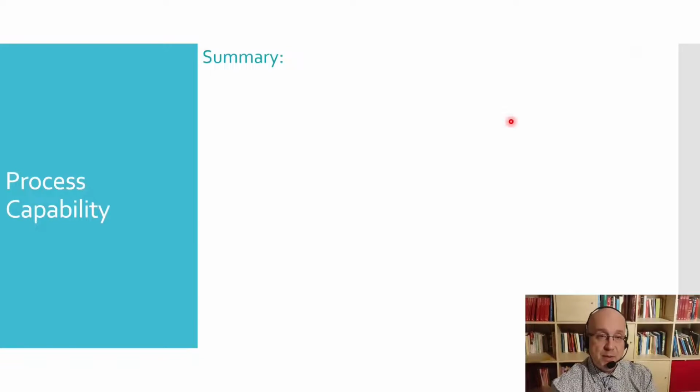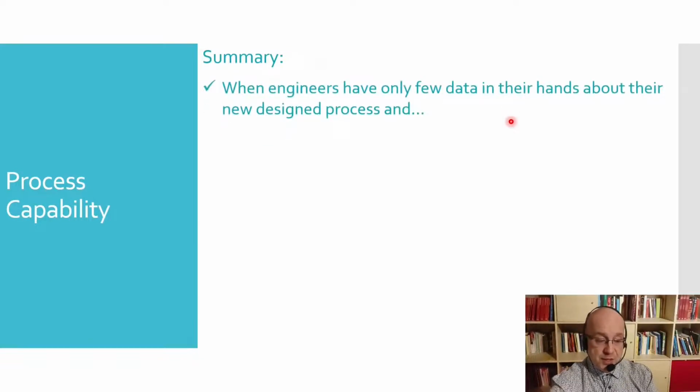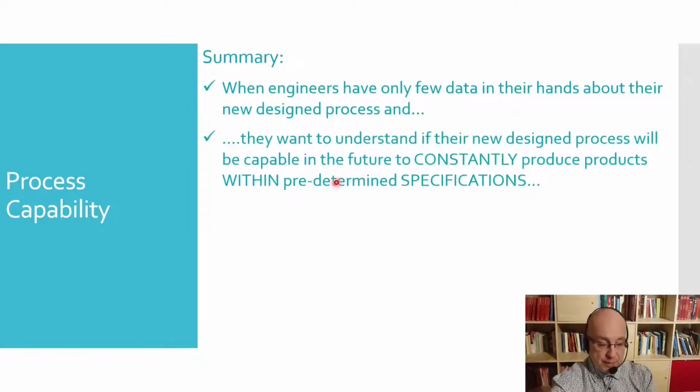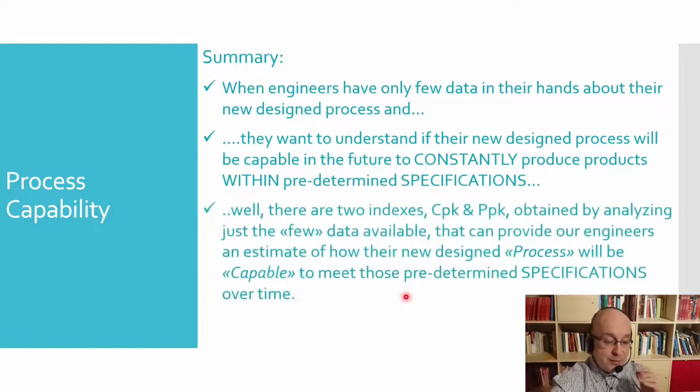So let's make a brief summary of what we have seen so far. When engineers have only few data in their hands about their new design process and they want to understand if their new design process will be capable in the future to constantly produce products within predetermined specifications, well, there are two indexes called Cpk and Ppk, obtained by analyzing just the few data available, that can provide our engineers an estimate of how their new design process will be capable to meet those predetermined specifications over time.